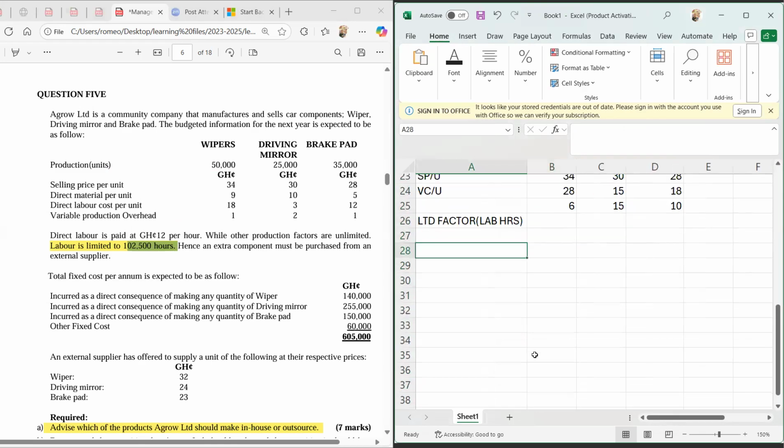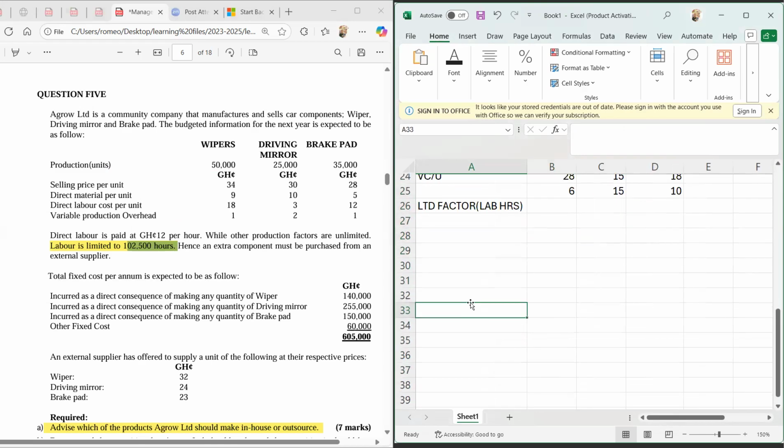Somewhere beyond the margin, I'll put my limited factor, which is labor hours. And here, after you're done, you rank. So ranking. Which one is first, which one is second, which one is third. So here with the labor hours, we have cost, labor cost, and we have labor rate.